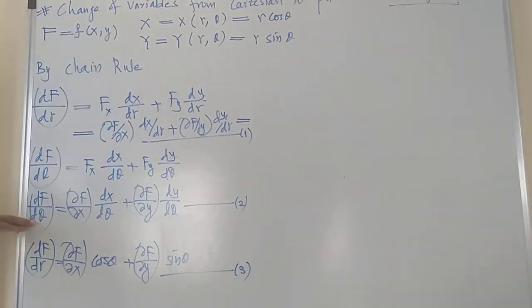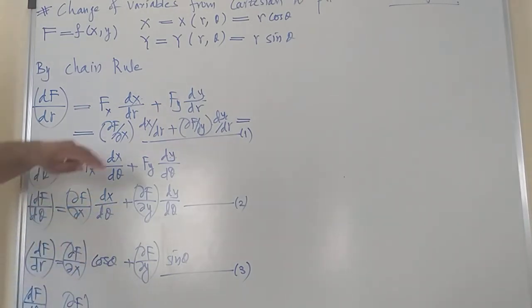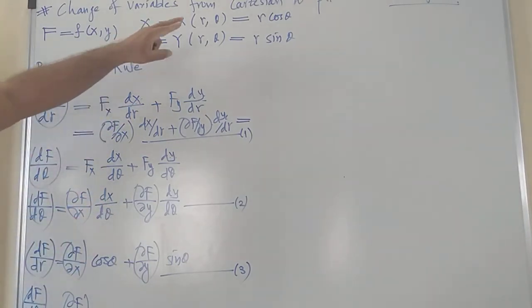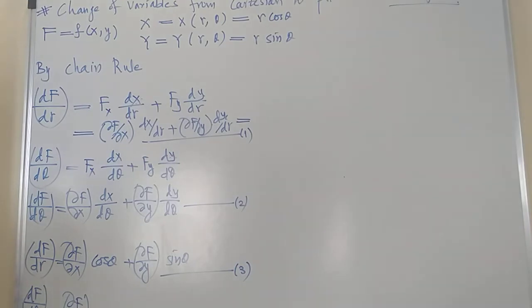Similarly, do the workout for equation number 2. This will give me df by d theta, and this df by d theta will give you dou f by dou x into dx by d theta. Now dx by d theta is a differentiation of this x with respect to theta, and r is a constant. So r into differentiation of cos theta, and differentiation of cos is minus sin.